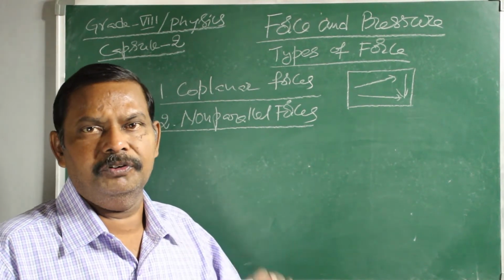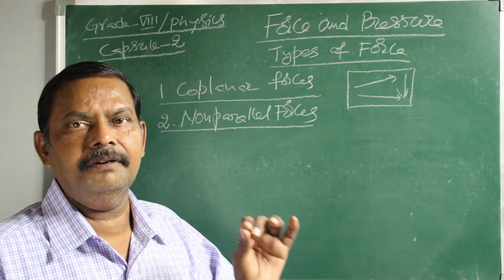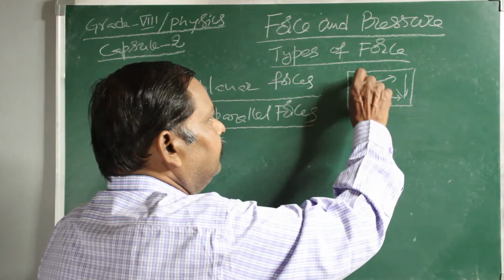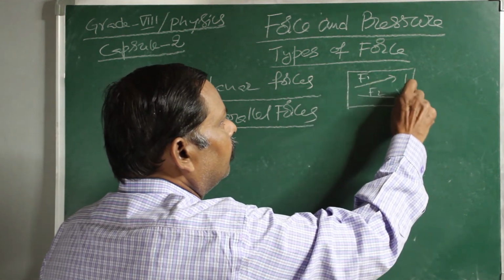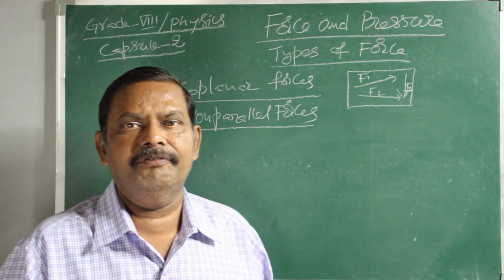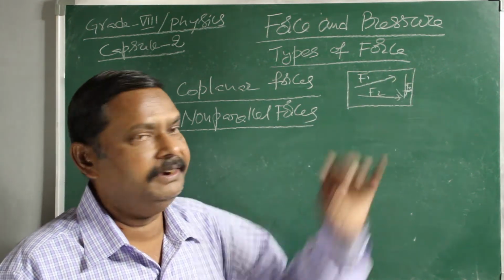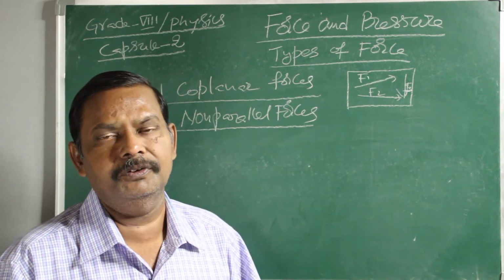If two forces are not parallel to each other, they are called non-parallel forces. In the given diagram, say this is the force F1, and the forces are F1, F2 and F3. It is clear that F1 and F3 are not parallel to each other and they are called non-parallel forces.